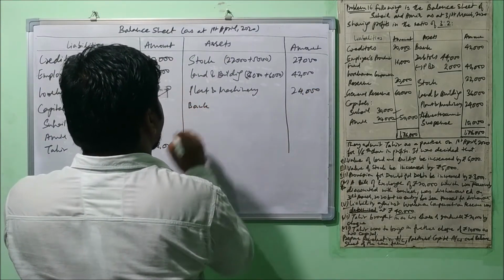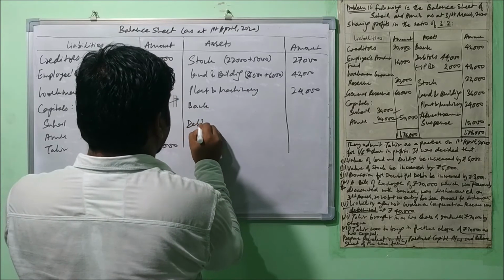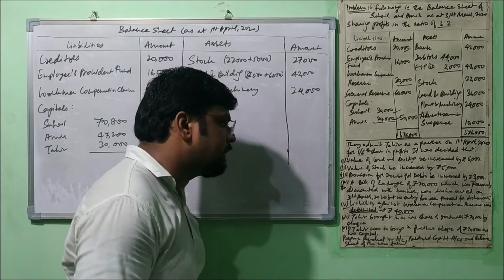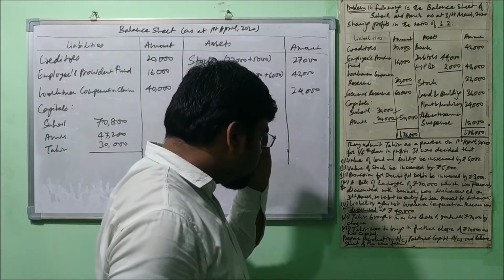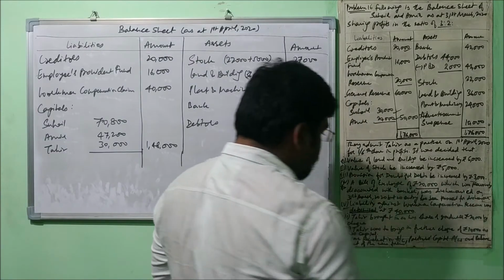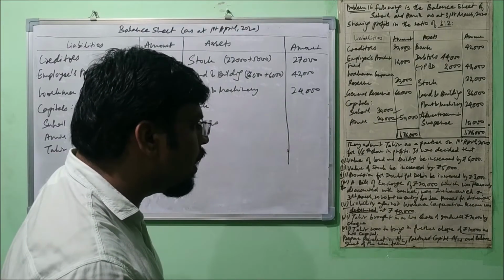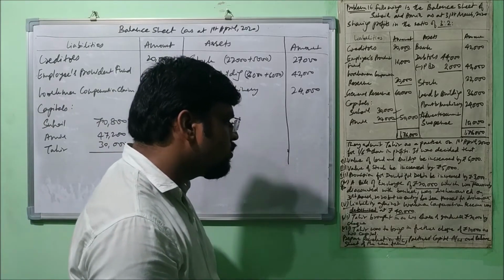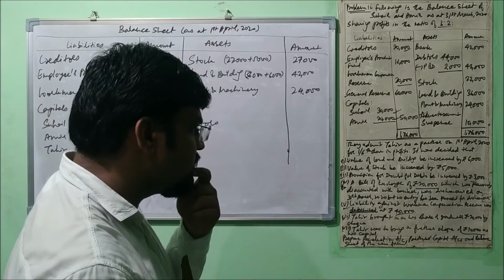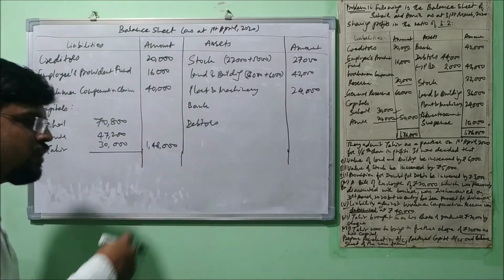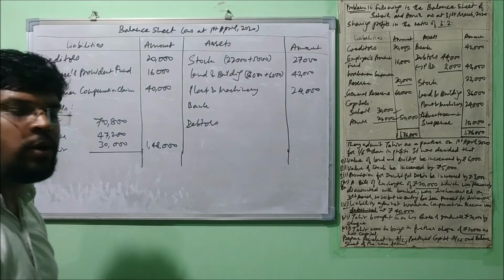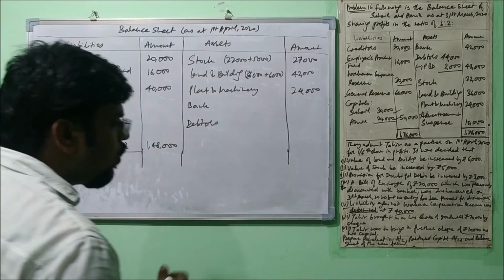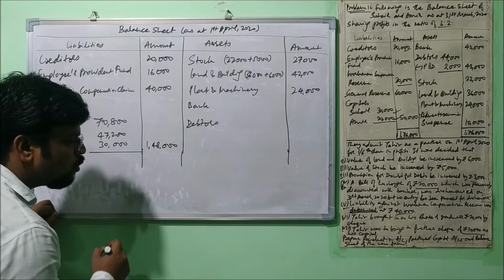Now let's talk about bank, and then let's talk about debtors. Now let's understand this point. What they're saying is: a bill of exchange of rupees 20,000, which was previously discounted with the banker, was dishonored on 31st March 2020, but no entry has been passed for the dishonor. See, for this you will have to remember the entries related to a bill of exchange. Whenever a bill is discounted from the bank, what entries are passed in the books of the drawer?